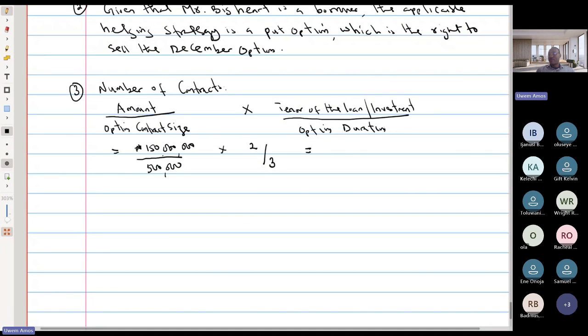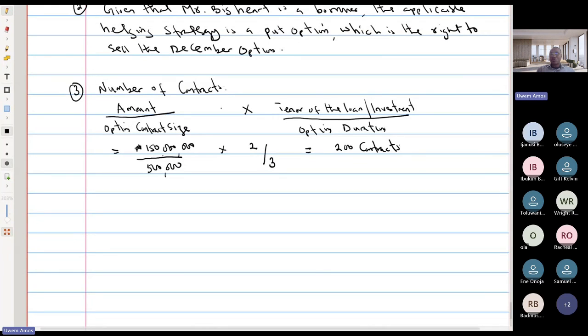So that would be 150 million divided by 500,000 multiplied by 2 divided by 3, which gives us 200 contracts. So that's the number of option contracts that Mr. Big Hat would be interested in.